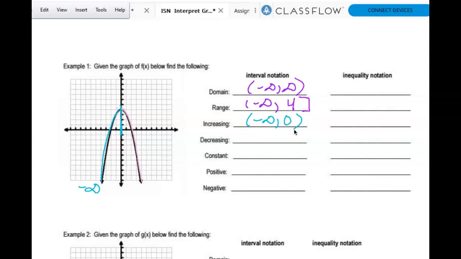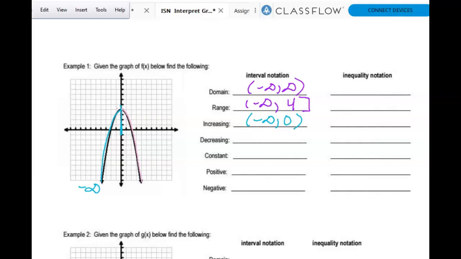At the very top, is it increasing or decreasing? So from this side, we'd say it's increasing. But from this side, what would we say? So it can't be both. So we exclude it from our interval. We do a parenthesis. Okay?